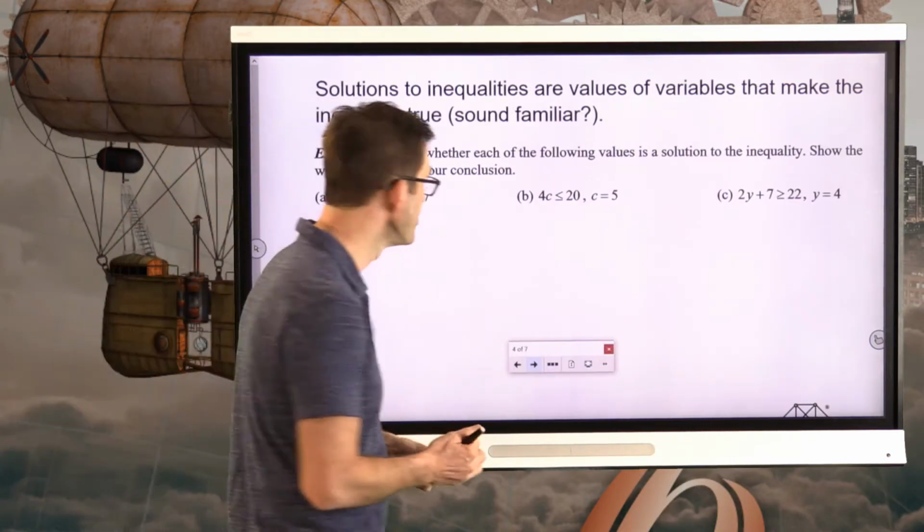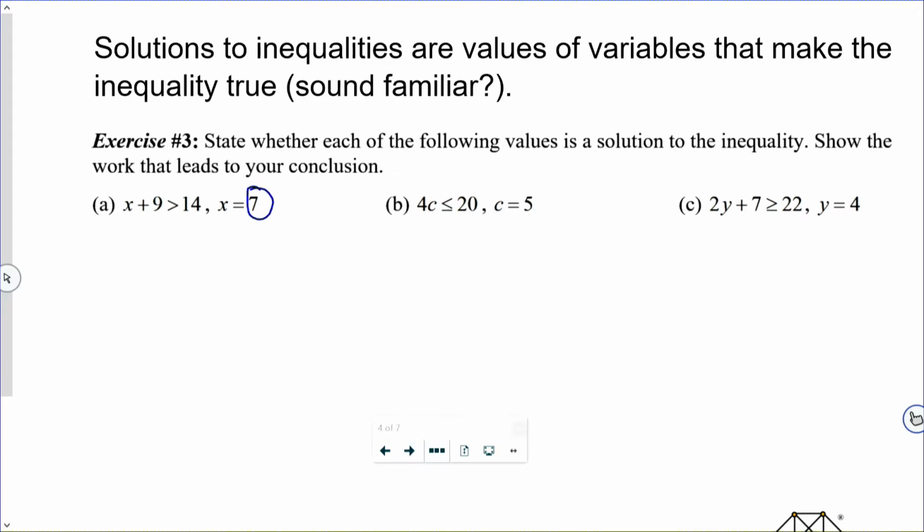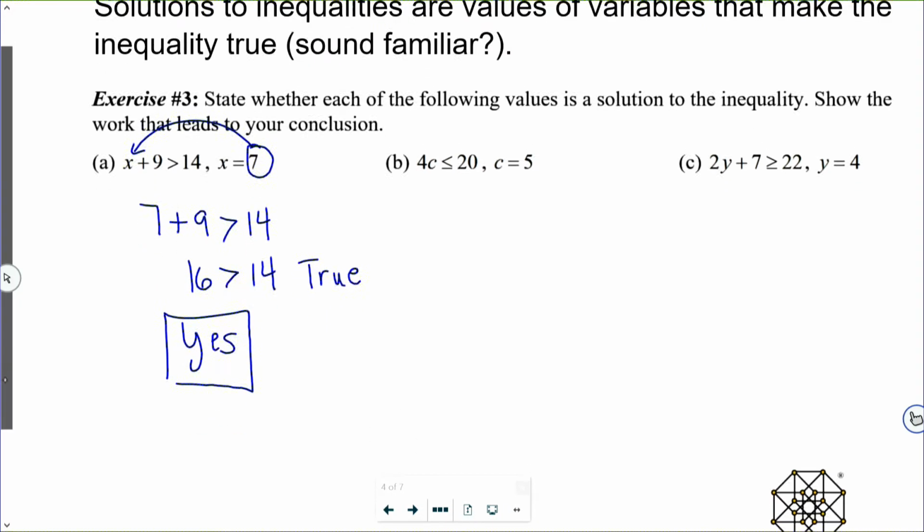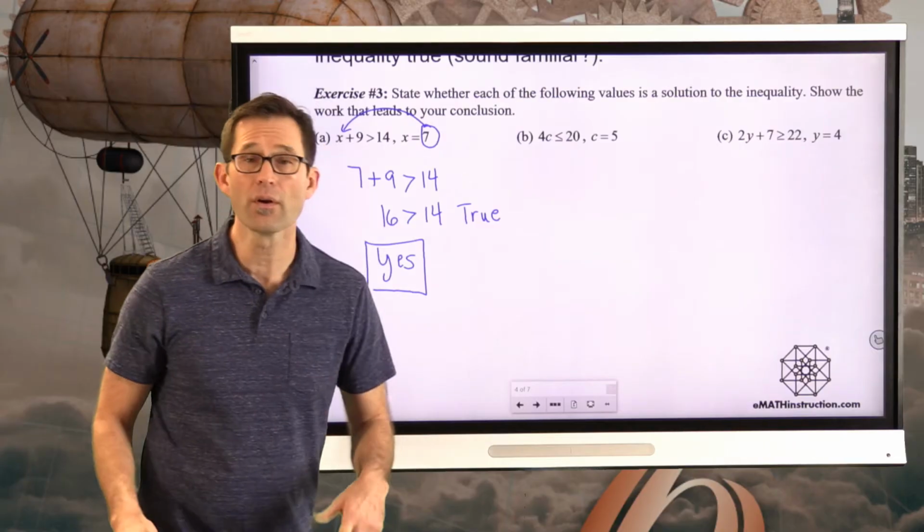So what I'm going to do is take 7 and substitute it in for x. I'm going to get 7 plus 9 is greater than 14. 7 plus 9 is 16. Is 16 greater than 14? Yes, that's true. Therefore, the answer is yes, 7 is a solution to this inequality. All right, very, very simple.